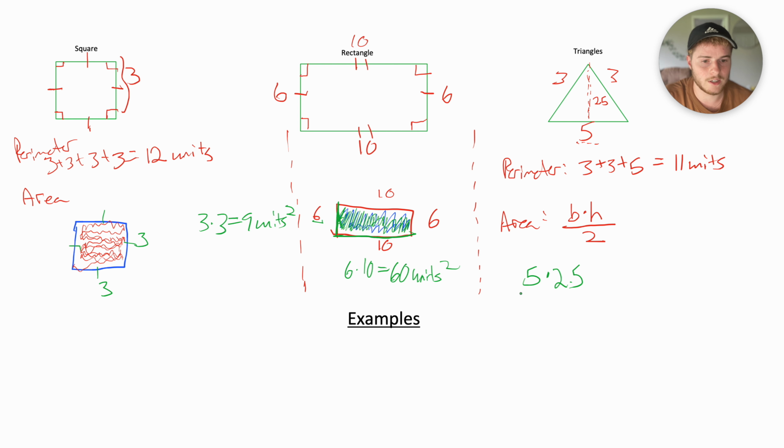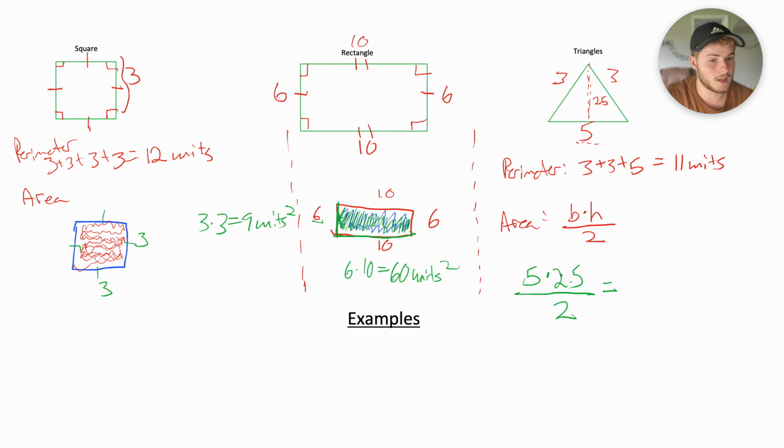Then we know we have to divide that by 2. So you can see we're still multiplying units, so you can imagine that just like the other ones, how we filled in the middle area, that's what we're striving to do when it comes to triangles. It's just a little different because you can see it's not as neatly shaped as a rectangle or a square. You got areas that are getting cut out here as you go. So that's why it's a little different of a formula.